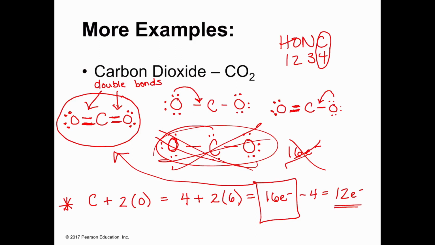And so these are shorter and stronger than single bonds because there are more electrons being shared between the atoms, which naturally you would think would be stronger. The reason that they are shorter is you can think of it like magnets. More electrons in the middle draws the nuclei of these atoms closer together and makes that bond shorter. So double bonds are stronger and shorter than single bonds.